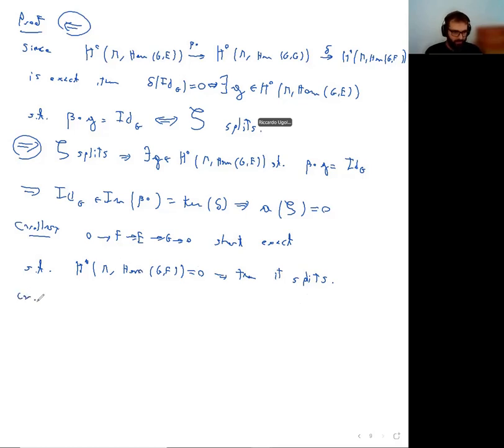So extra corollary: the sequence always splits in a smooth way.